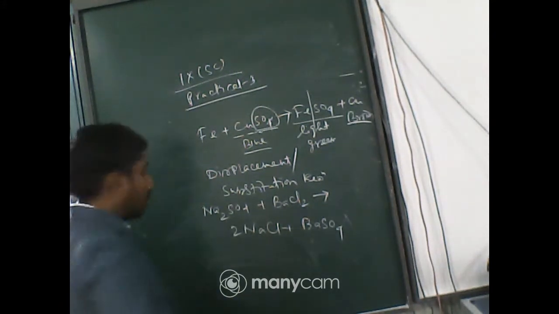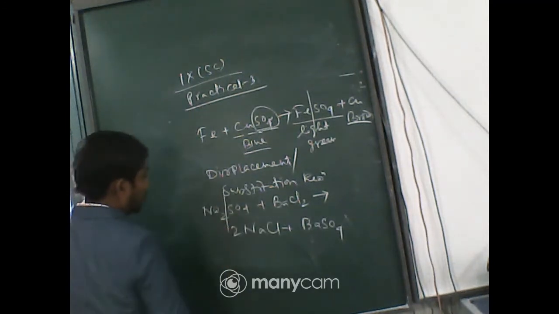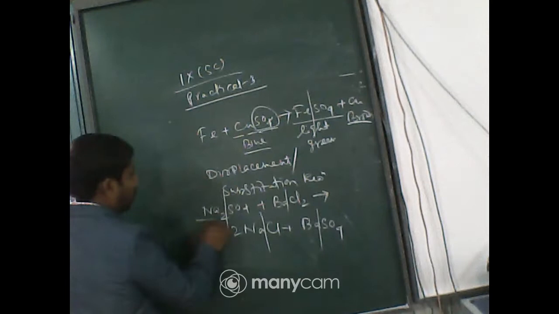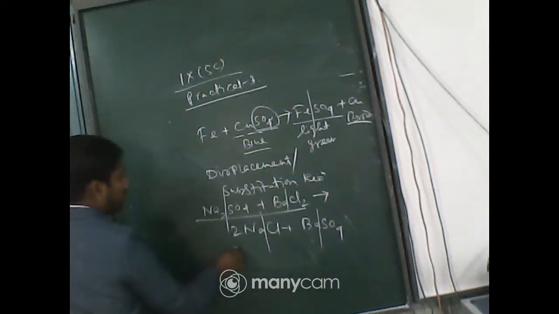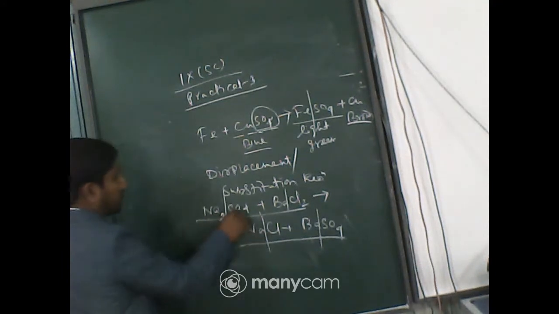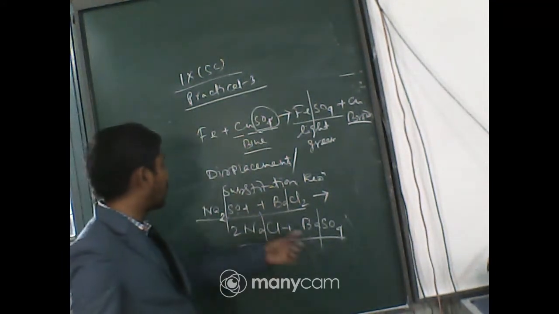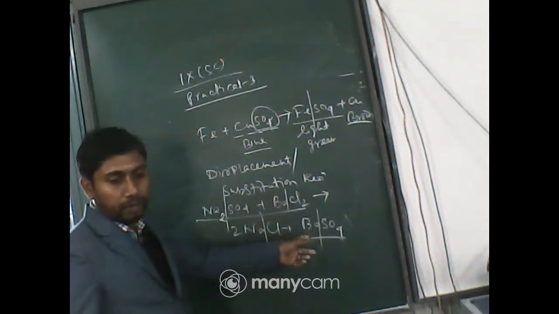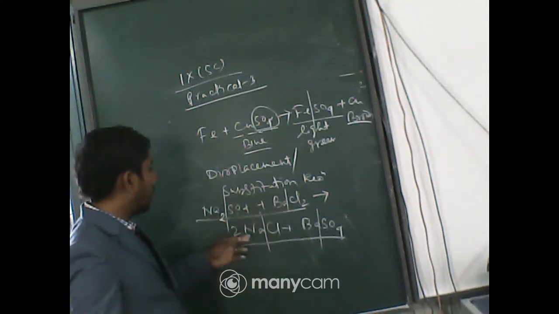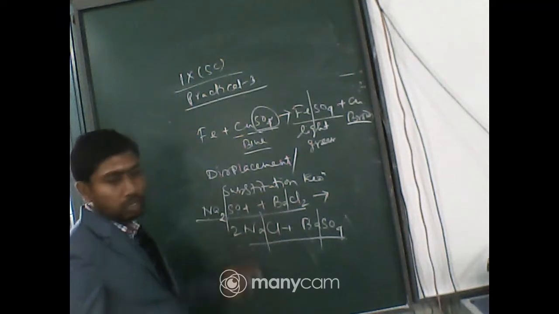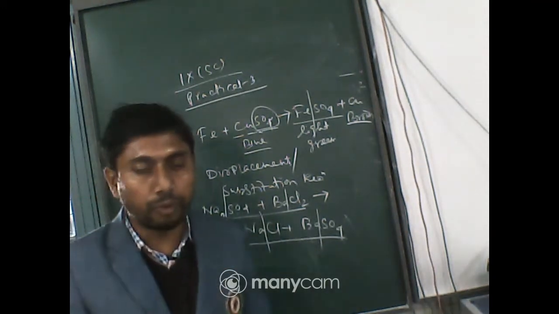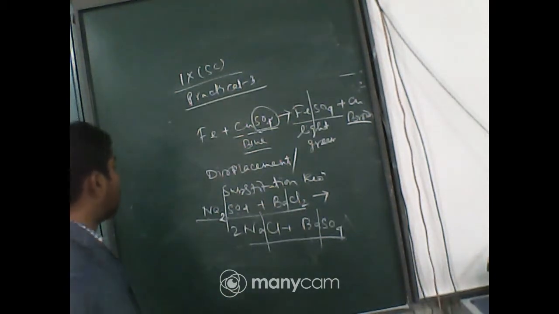Okay, thank you. Just look at this, break the cation and anion. These are called reactants and these are called products. In the reactant, sodium was with sulphate. In the product, barium is with sulphate, and barium was with chlorine, here the chlorine is with sodium. So they have interchanged their positions, and therefore it is called a double displacement reaction.